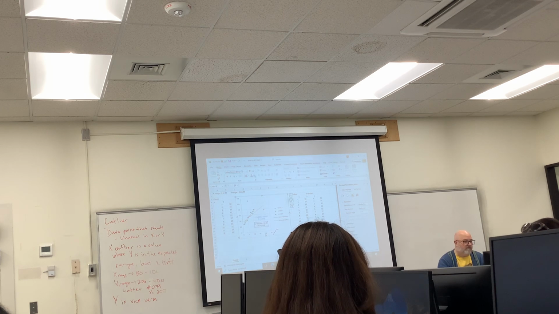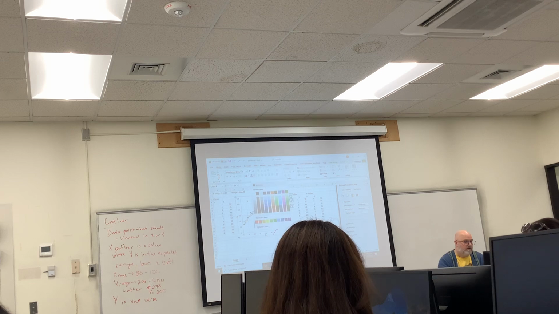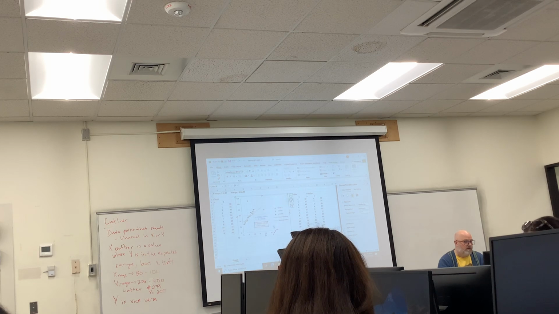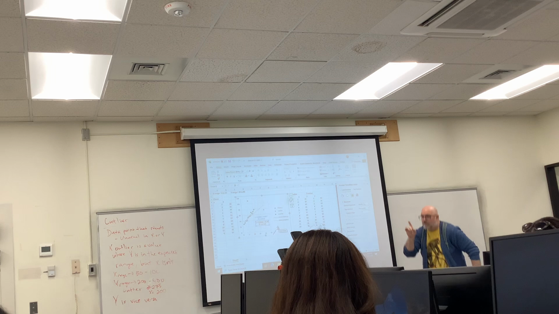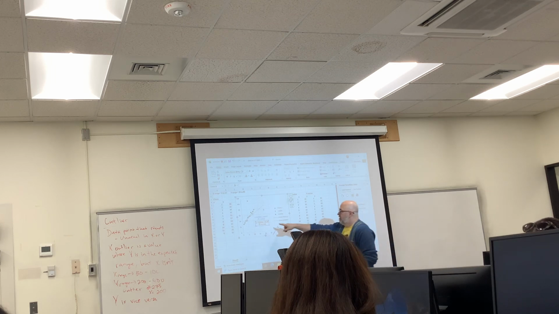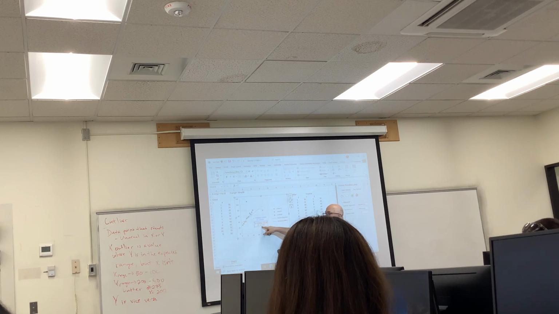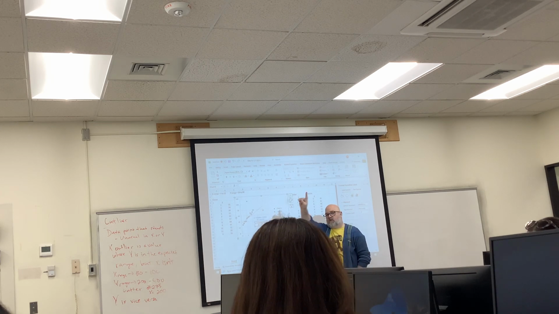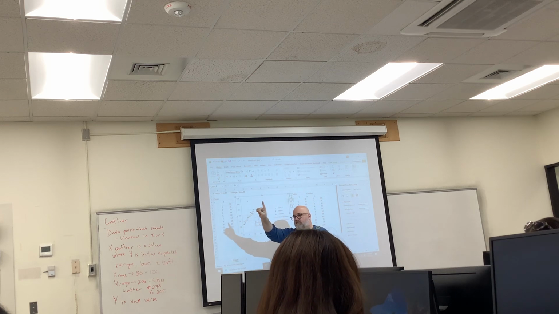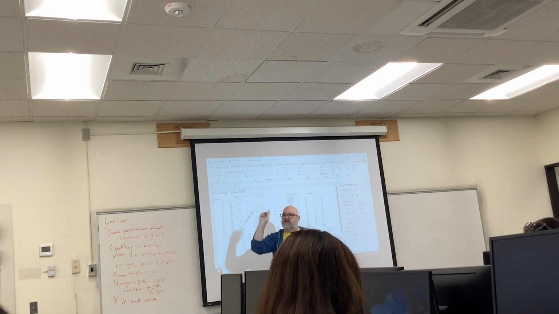Let me make that a little darker. There we go. All of a sudden, one data point being wrong, our slope's cut in half. Our intercept is increased by almost 50%, and our R squared's gone to garbage because of one data point. And it's one data point that's an X outlier.